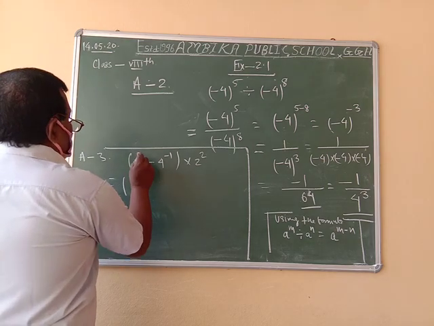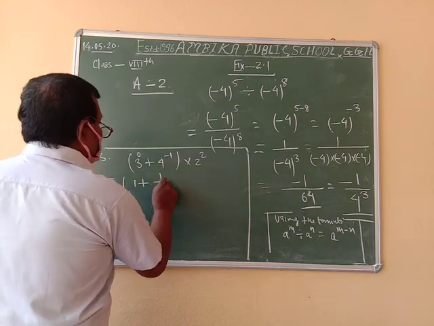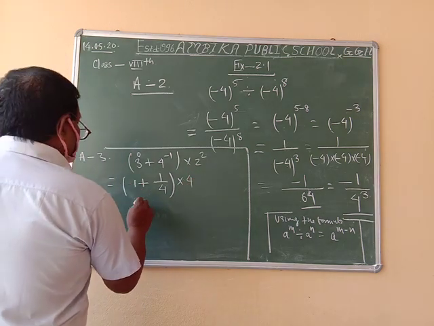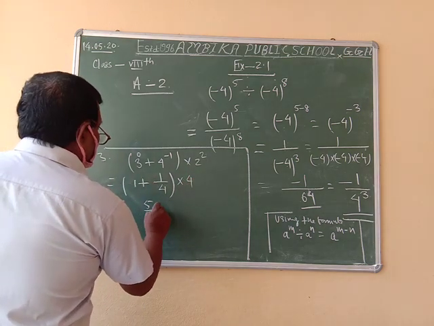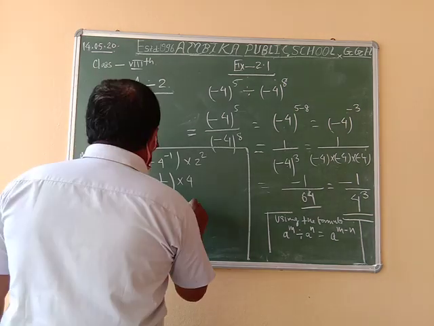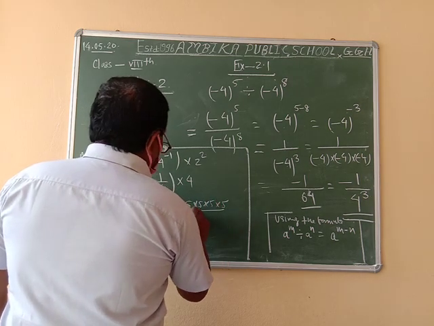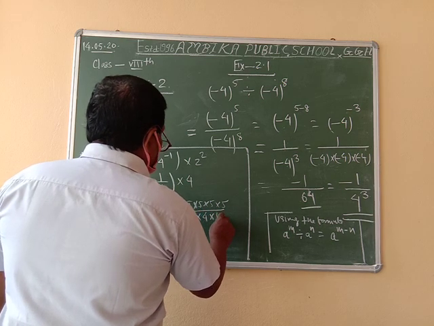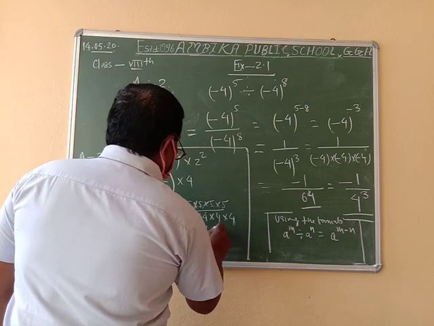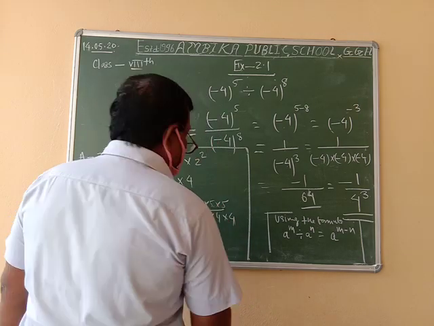So 3 to the power 0 is equal to 1, plus 4 to the power minus 1 is equal to 1 by 4, into 2 square, is equal to 5 by 4 to the power 4, which is equal to 5 into 5 into 5 into 5 by 4 into 4 into 4 into 4, which is equal to 625 by 256.